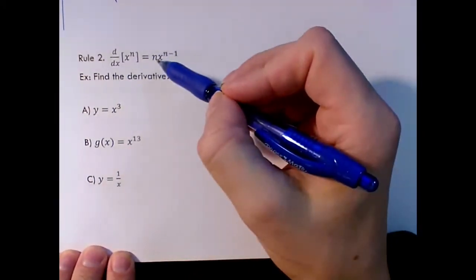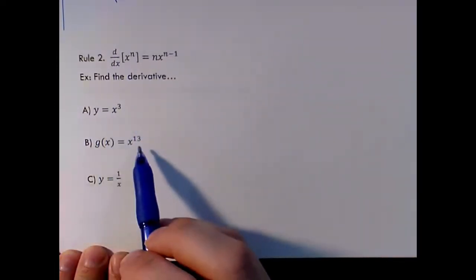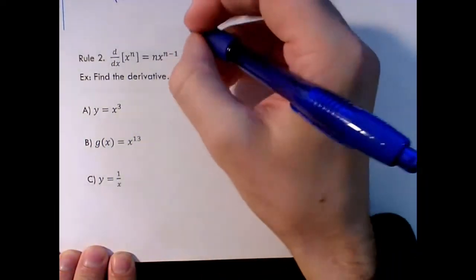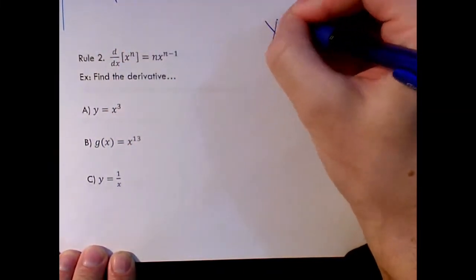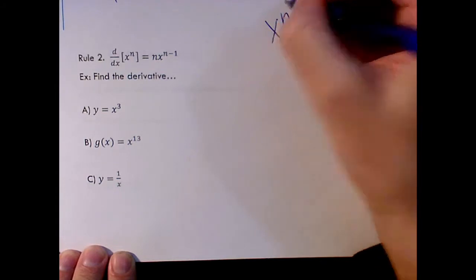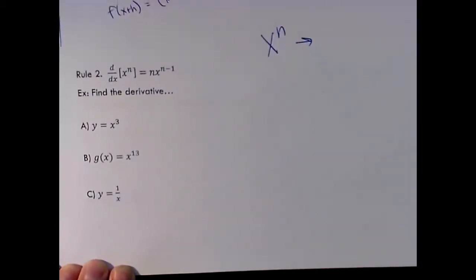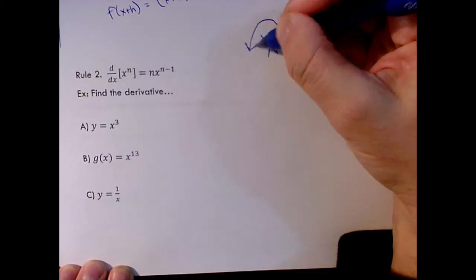If you're taking the derivative of something like x to the third, or like I have there, or x to the 13th or whatever, what you do is you take the number. So you have x to the nth. What you do is you take the exponent. You bring it out front.